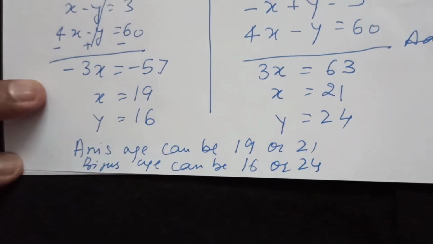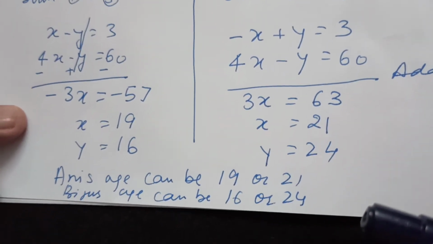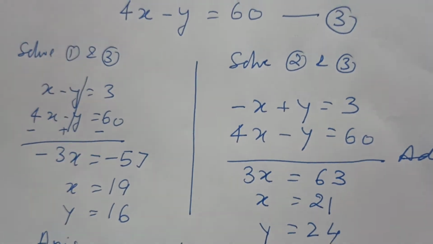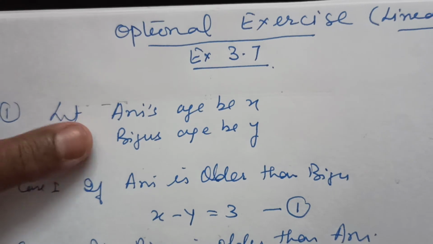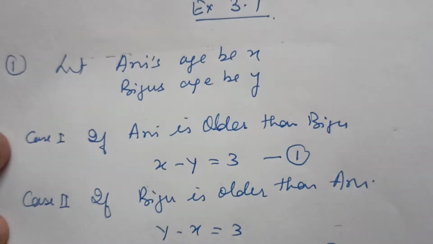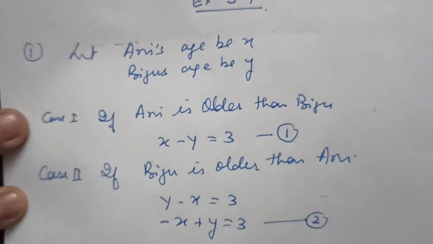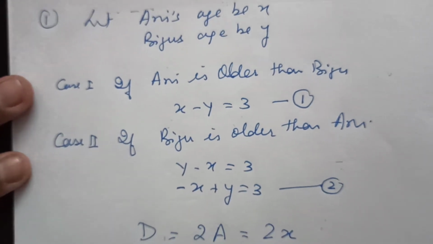So dear students, you have seen that in this kind of question, whether Ani is elder or Biju is elder was not mentioned. That's why we have to take two cases, when Ani is older than Biju and when Biju is older than Ani. So remember to solve these kinds of questions in this way.